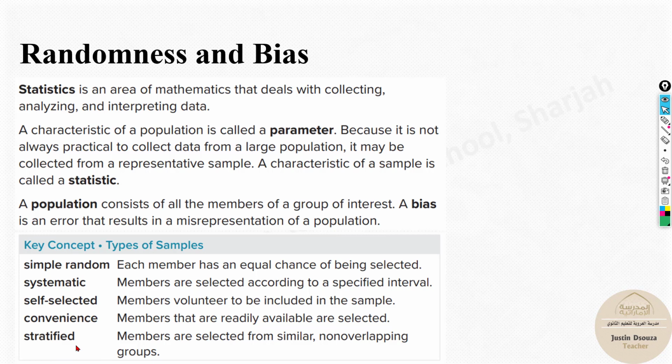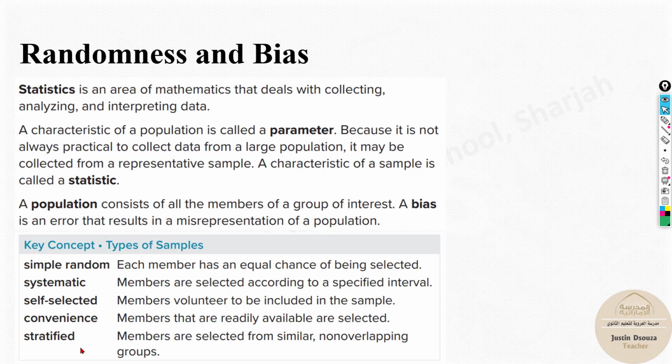Now, stratified is one of the most important ones because here you group everything into different orders. Say, for example, I have got a lot of surveys from all my students from 9 advanced, 10 advanced, 11 advanced, 12 advanced.